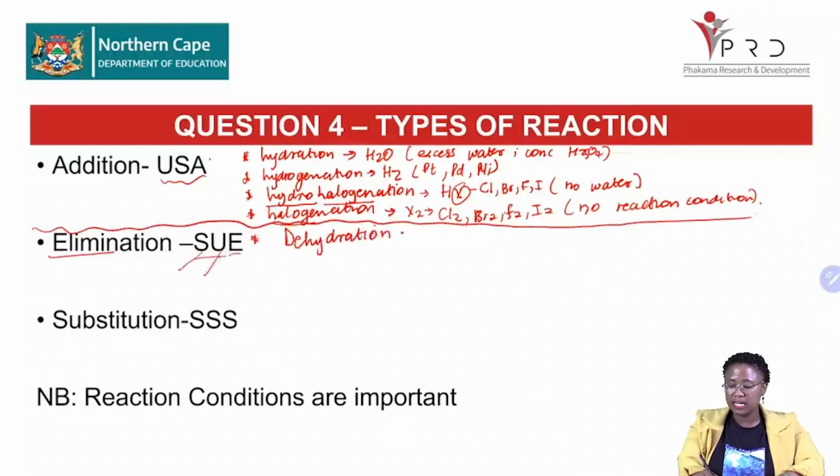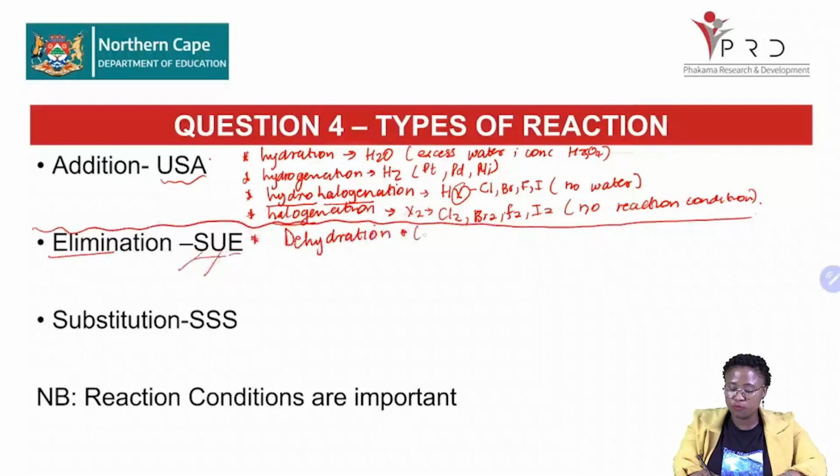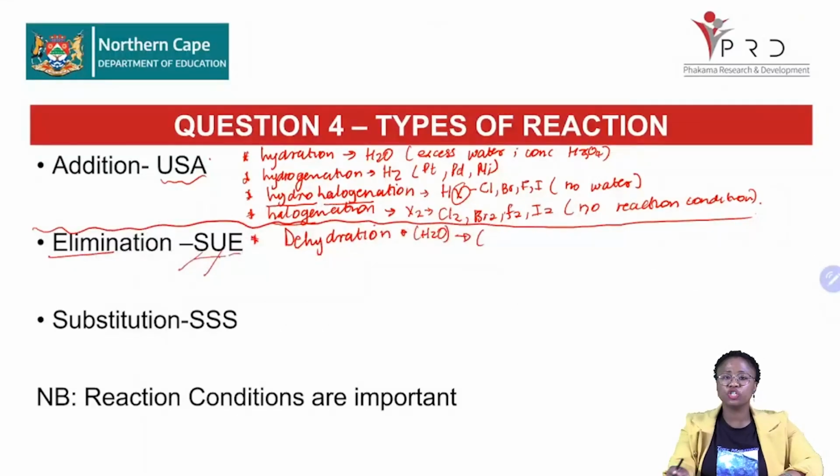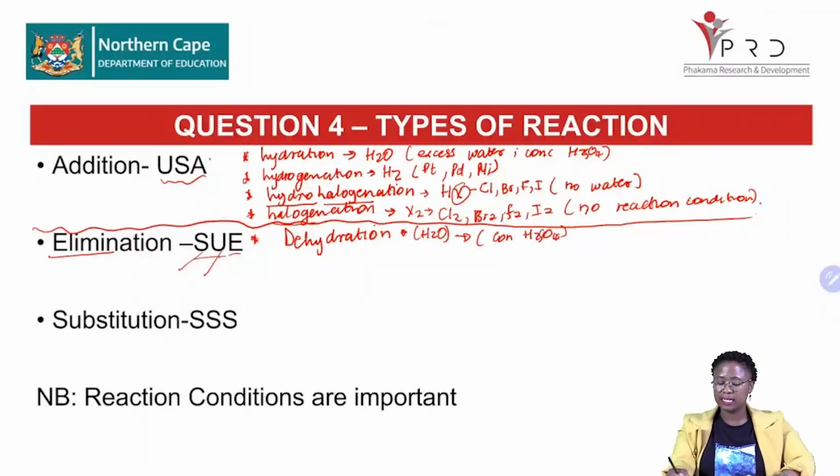If I am dehydrated, what am I removing? Because remember, in elimination I am removing water from the reaction. And what is the reaction condition for this to take place? It must happen under concentrated H2SO4, which also acts as a catalyst, and we must also have some heat in the reaction.